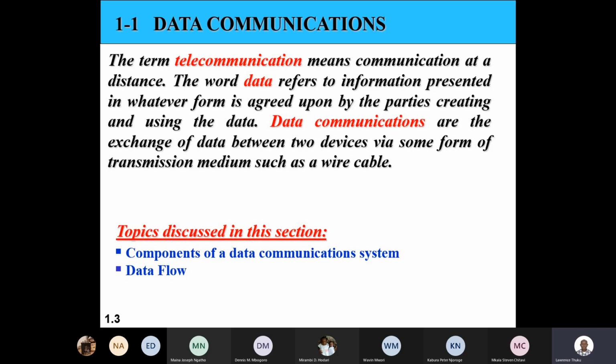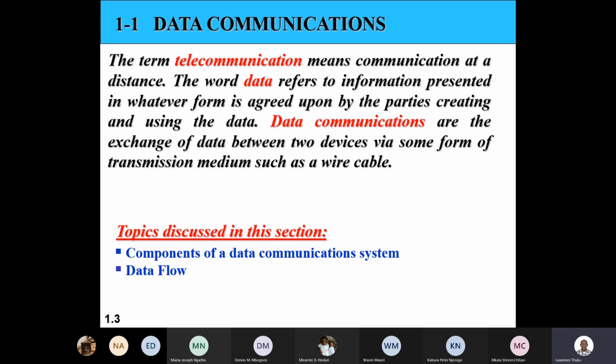Then data communication we can think of as the exchange of data between two devices. This time it's not between people, it's between two devices, and those devices must be in a networked environment. Network means that those devices must be connected together to exchange the information that is allowed to be exchanged between them.